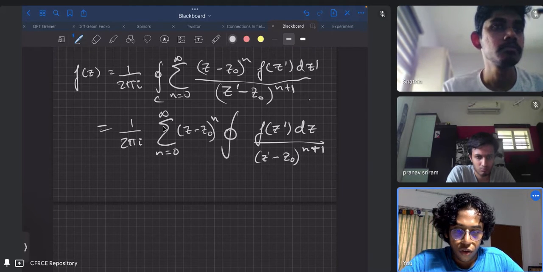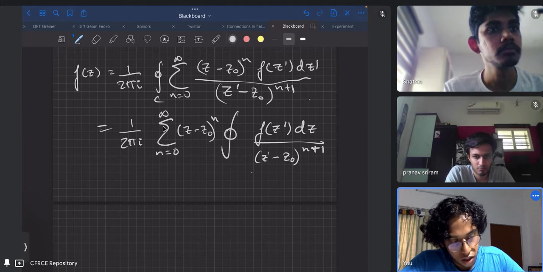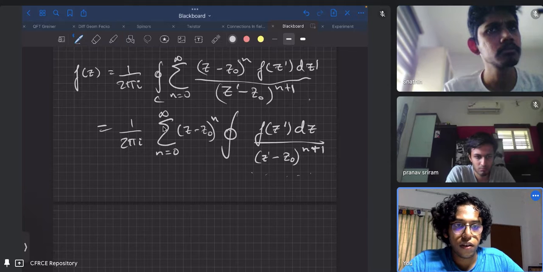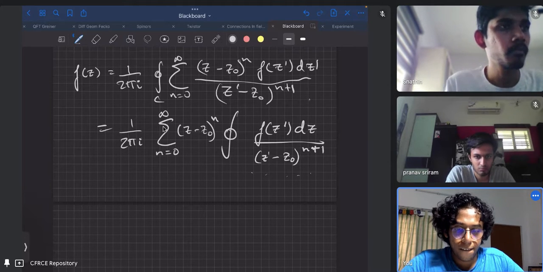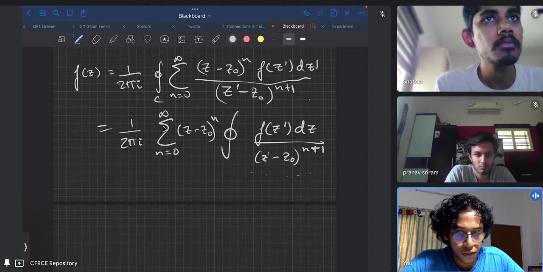Okay, so now this is basically, we have seen this somewhere. We have seen this formula somewhere.